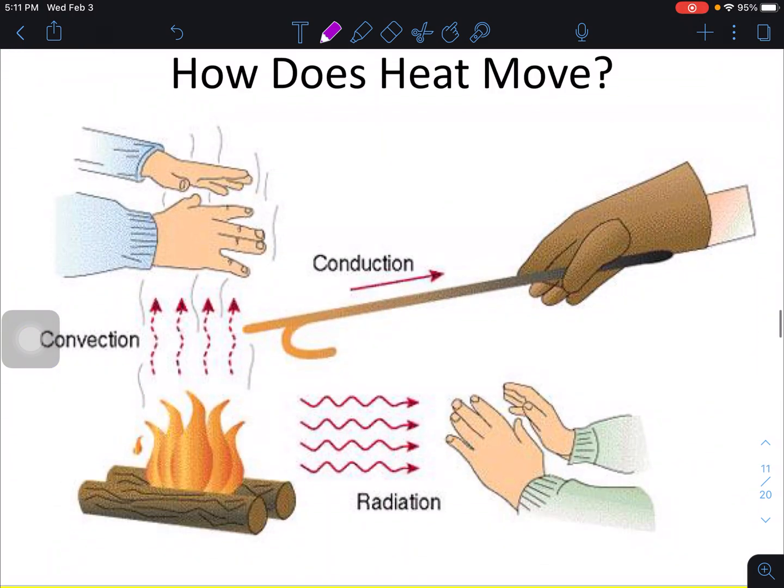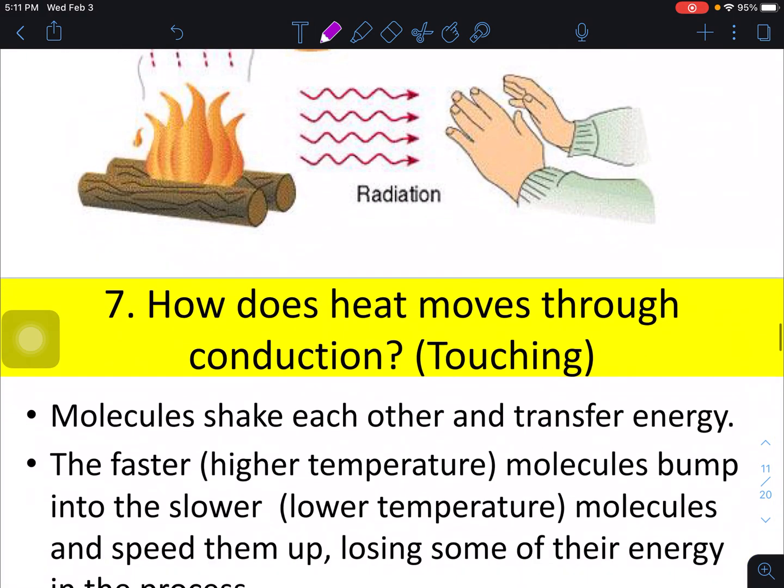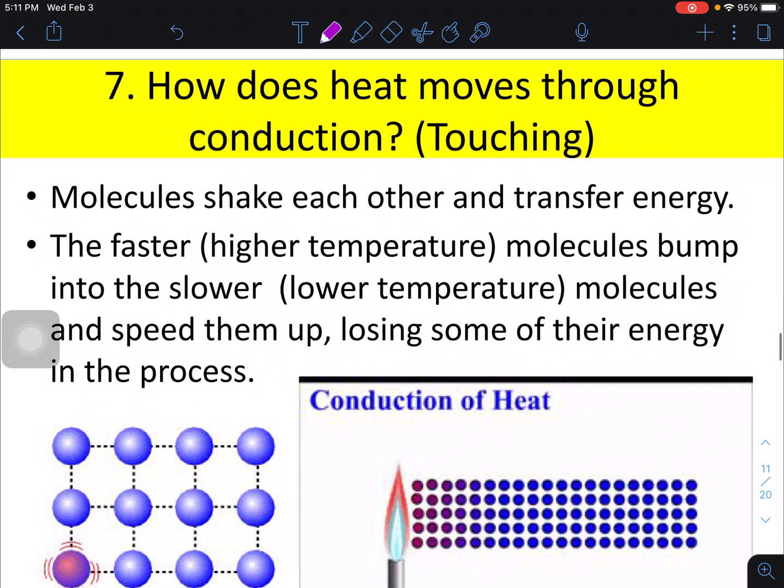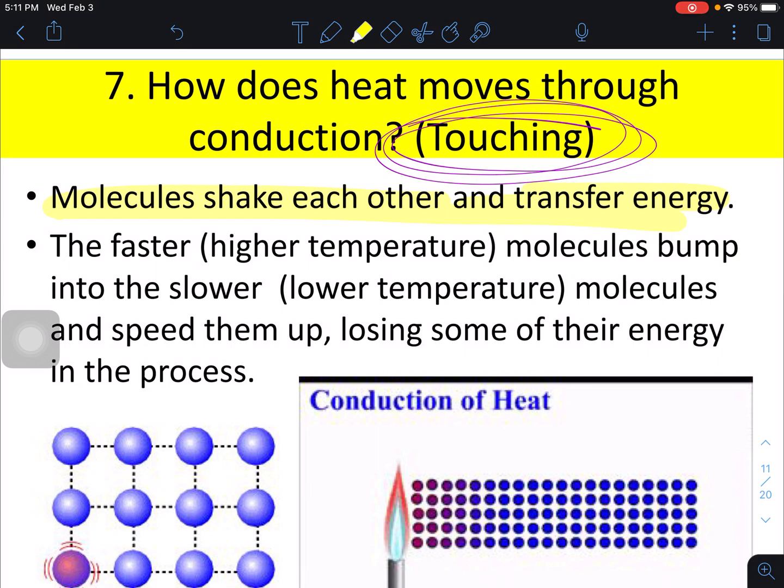Okay, three ways that heat moves: conduction, convection, and radiation. Conduction, what you want to know for this is that it is heat moving through touching. Molecules touch each other, they shake each other and transfer energy.